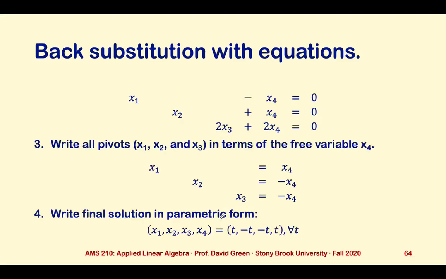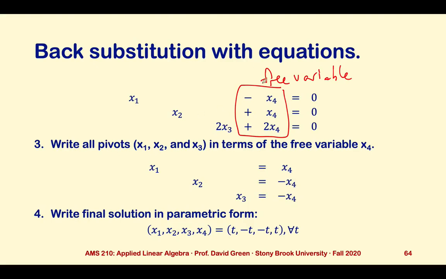We have another variable here. This variable we could not eliminate and isolate in a single equation because it is not a pivot. This is a free variable. When we have a free variable, we write the solution as pivots in terms of the free variable.